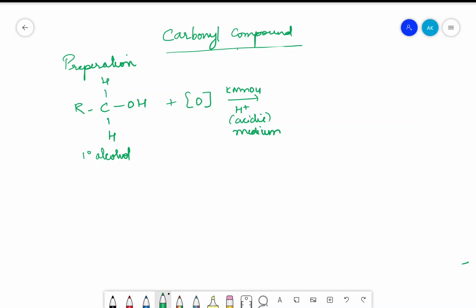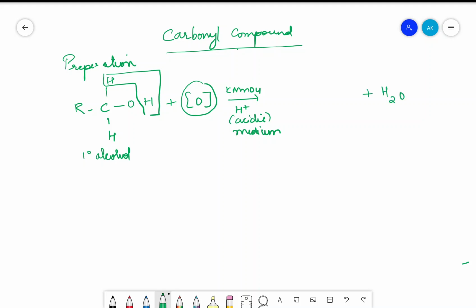What happens here is two hydrogen, sorry, OH and H. So we are going to remove this 2H along with this oxygen. So we'll get plus H2O.